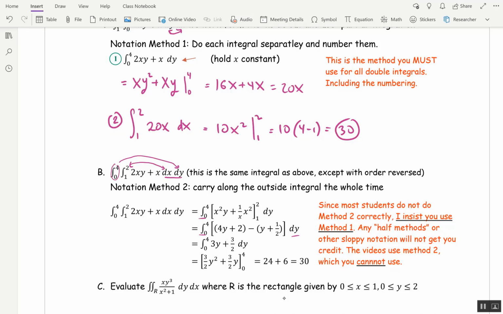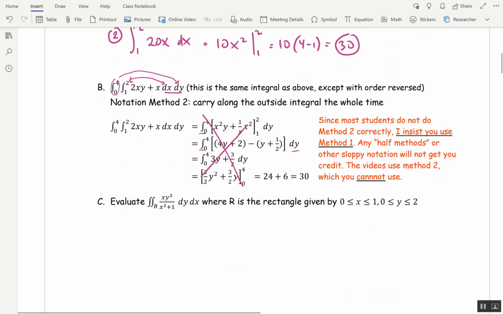Now, for a simple integral like this, it's not bad, but when you're doing integration by parts and u substitution, it gets to be a nightmare. So you cannot use this method. I won't let you do it. You won't get any credit on a test or your lecture notes if you're using that method. You're going to have to number your integrals, pull the inside one out, evaluate it, and then do the second one.